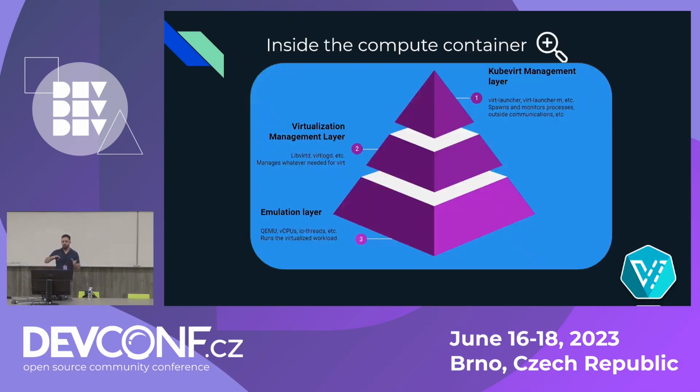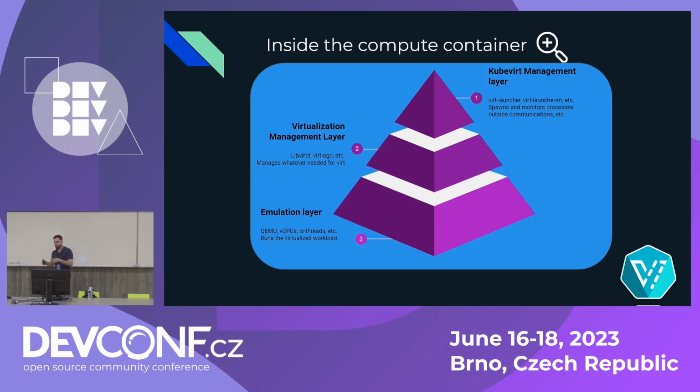So inside the compute container, we basically have 3 levels. The first level is the Kubevirt management layer. Basically, these are Kubevirt processes that start all of the other processes, monitor them, and also act as a bridge to Kubernetes. So, for example, in terms of Kubernetes logs and stuff like that, and also communication to other components that we have.